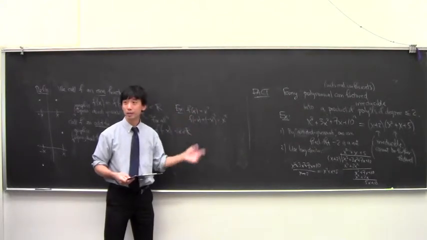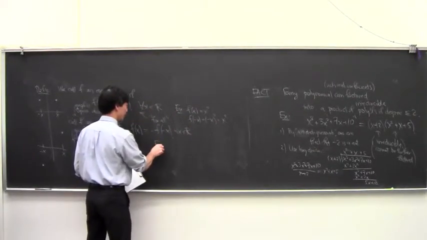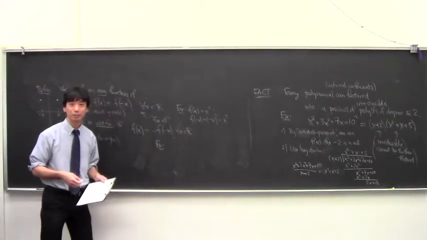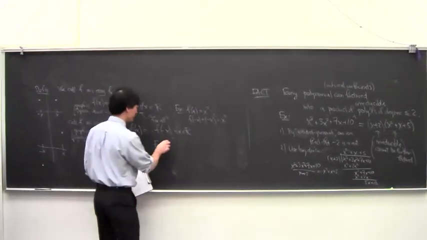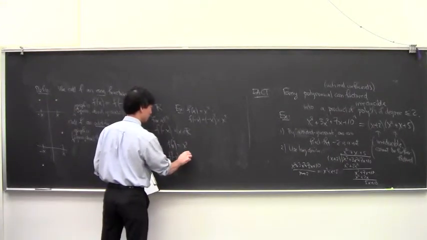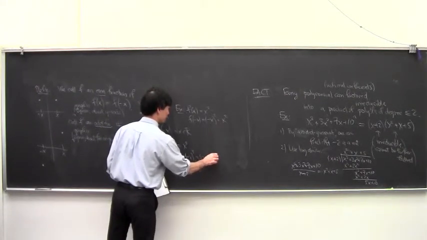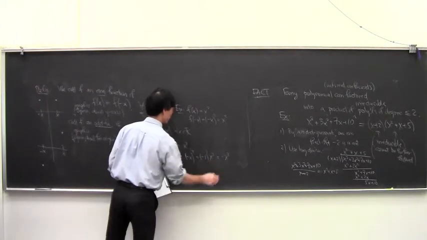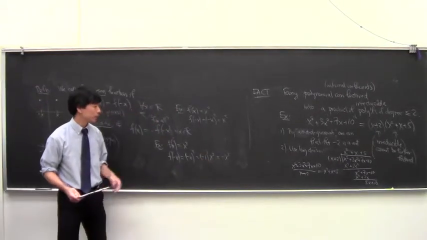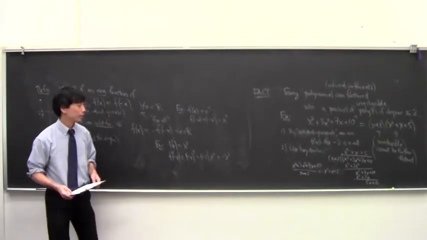That gives me x squared. And for the other one, an example, Kelly? X cubed. F of x is x cubed will do. Certainly f of negative x is negative x cubed, so you get negative f of x.